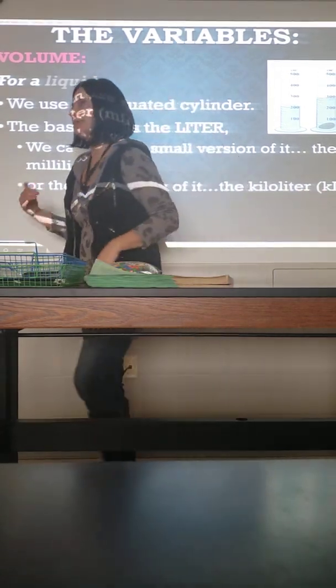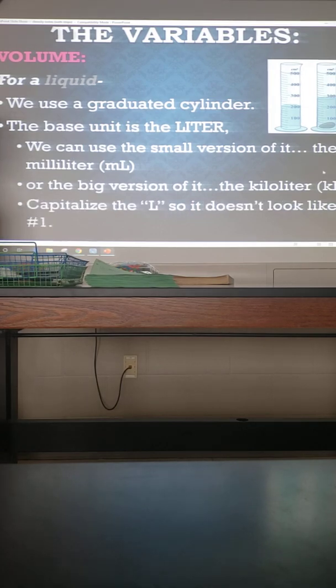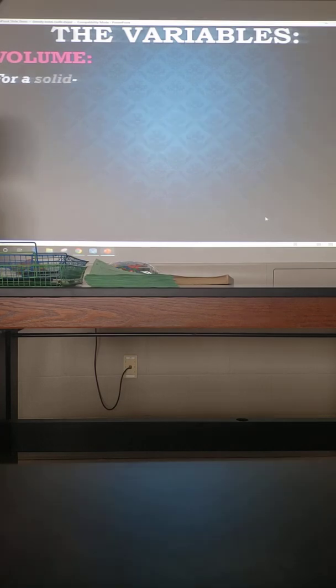It makes it stand out a little better and doesn't get confused with the number 1. It has happened sometimes when people don't capitalize the L and somebody else is looking at their work, it gets confusing. So we just try to get in that habit. I talked about that last year too.